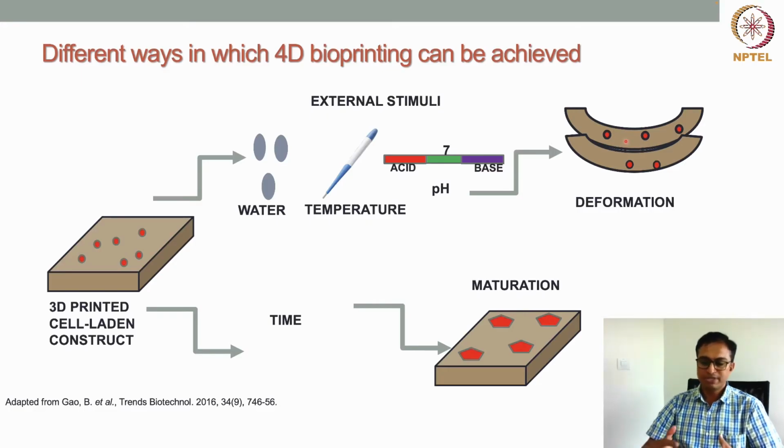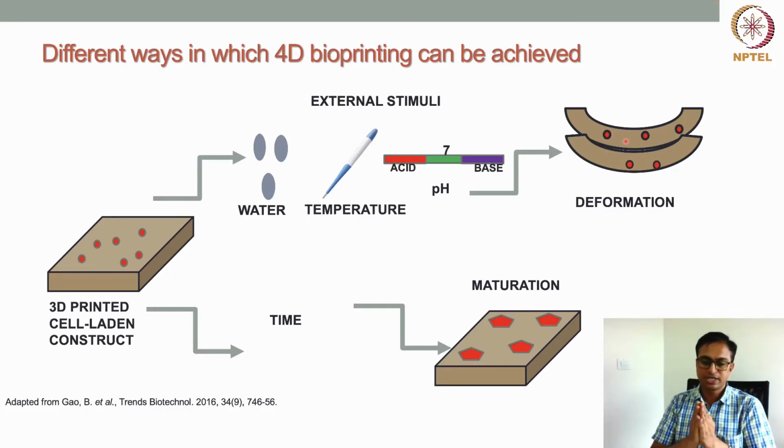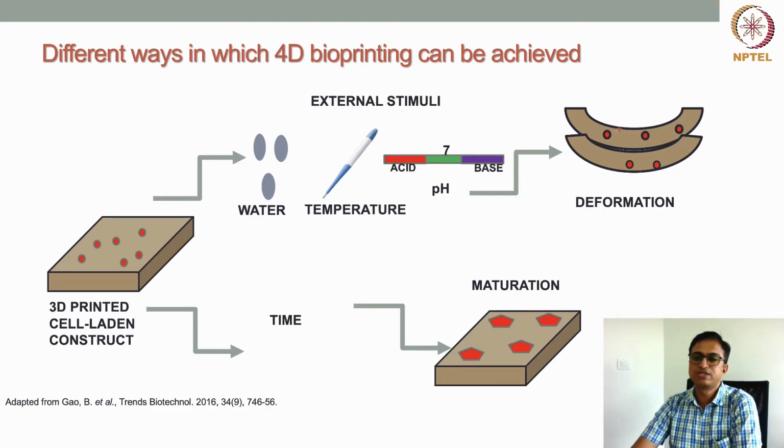Suppose one material responds to a very different temperature, and if we incubate the structure at that particular temperature, the bottom layer expands more and the top layer expands less, then what will happen? There will be a bending of the structure. So this shape change can be because of temperature.